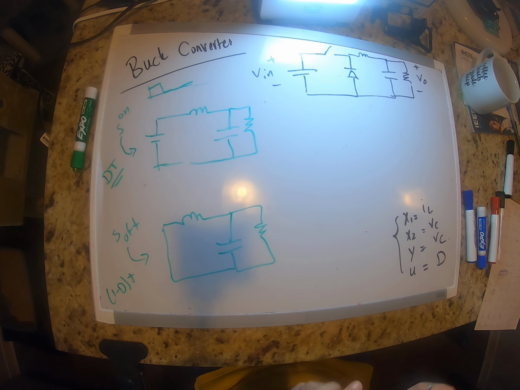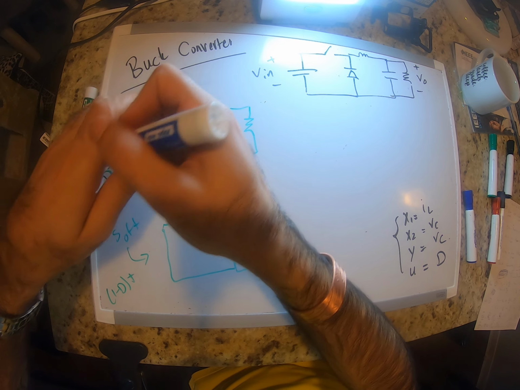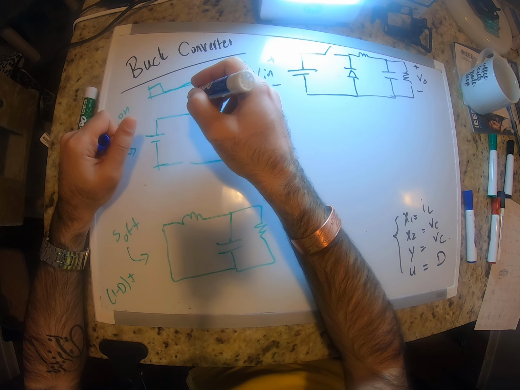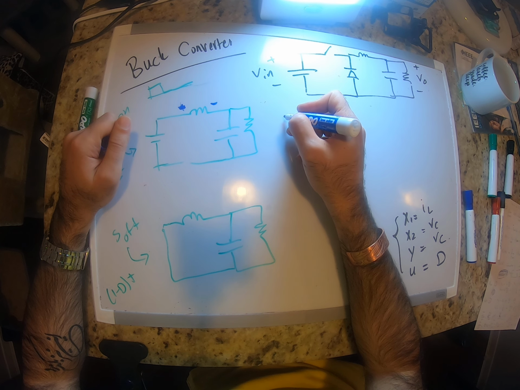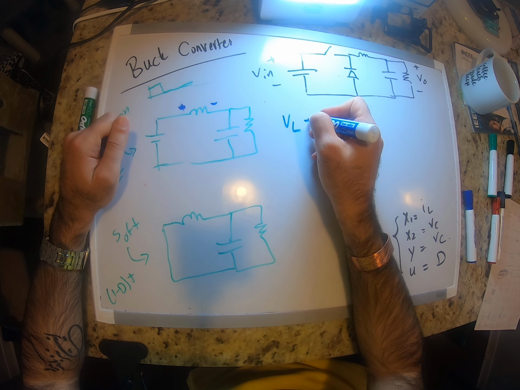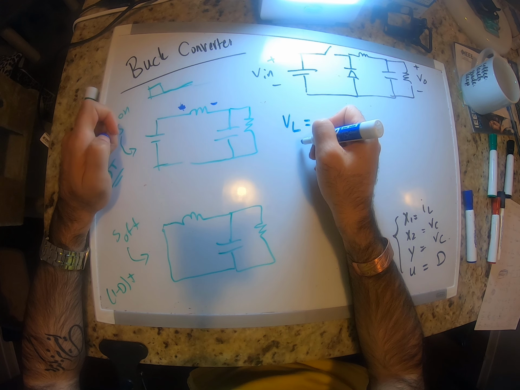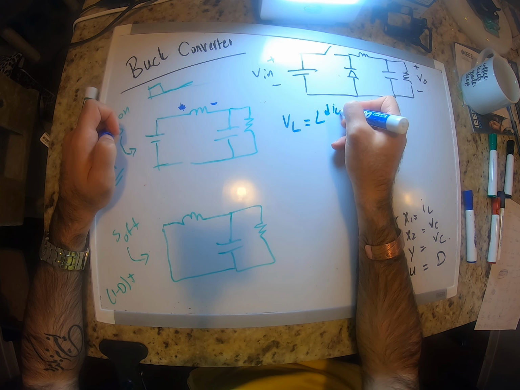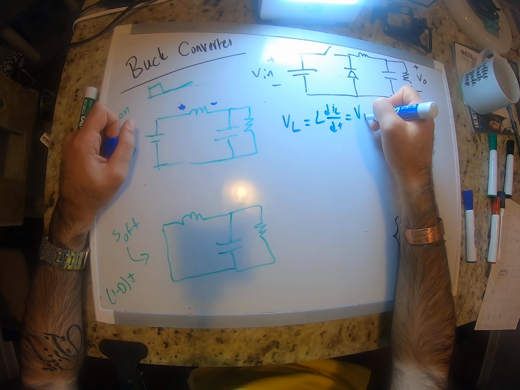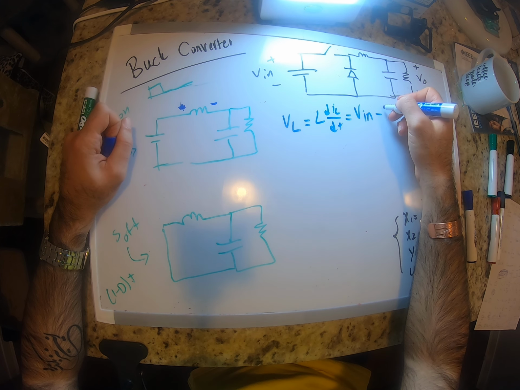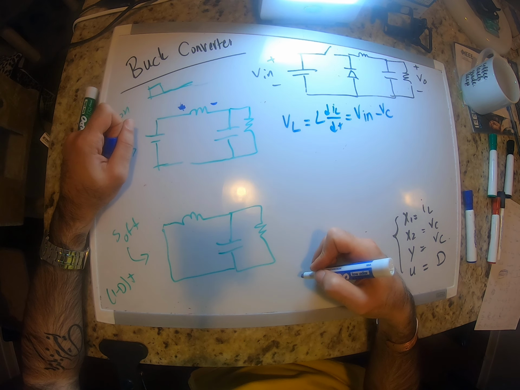Let me write down the voltage of the inductor. VL is equal to L dIL by dt, which is equal to Vin minus Vc.